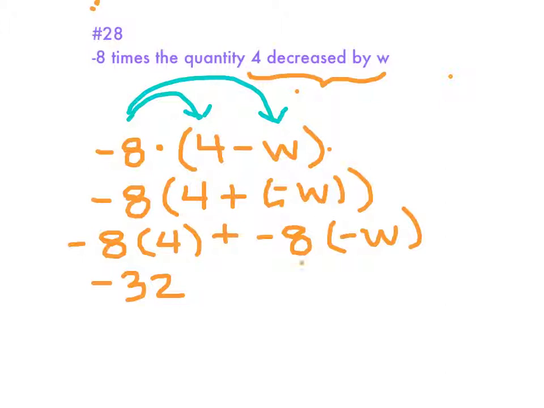And then a negative times a negative is positive, so I end up with plus 8W. And I'd probably rewrite this just as 8W minus 32.